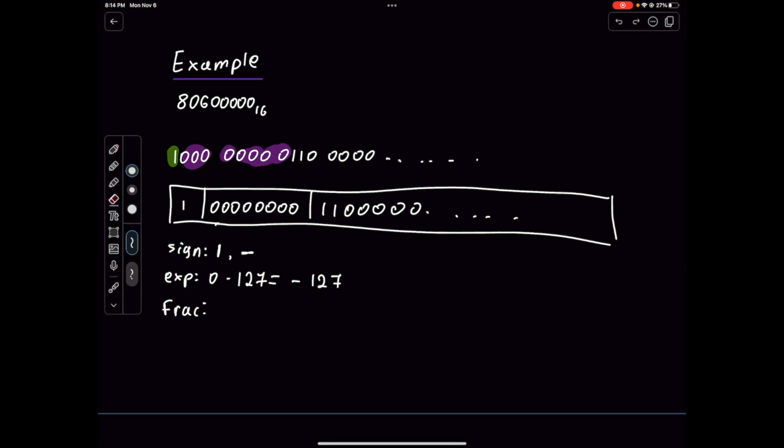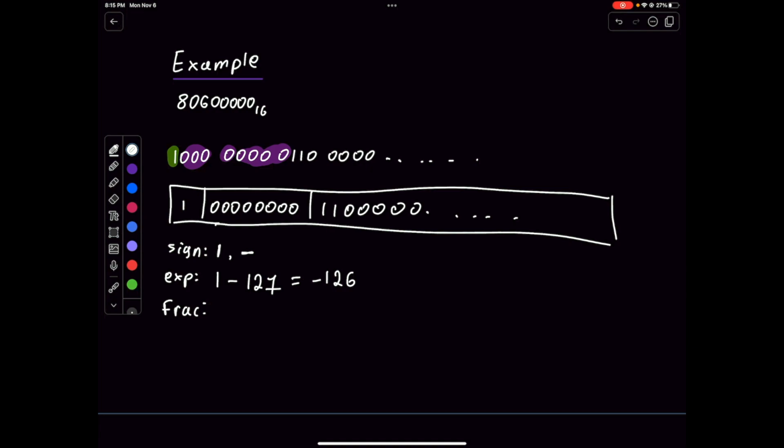When we have the denormal representation, what we want to do is say 1 minus 127. That is usually what is done. So when you see all zeros, that means you should do 1 minus 127, which is negative 126.